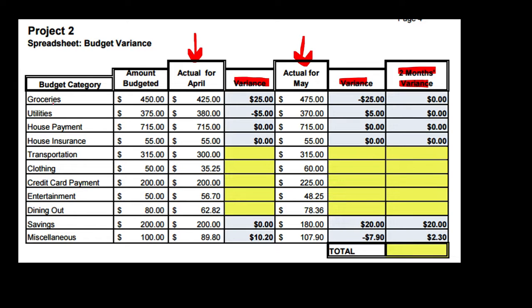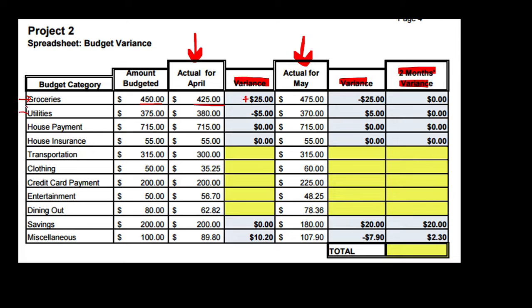For groceries, for example, they budgeted $450, but they actually spent $425. So their actual expenditure was under their budget, which means they have a positive variance of $25. This is another way of saying that they saved $25 from that budget category.